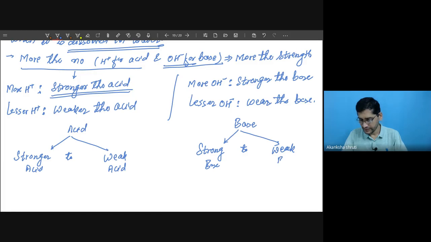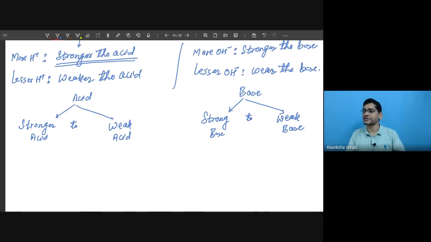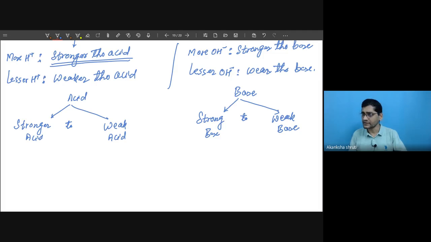Or simply weak base. Students, now to indicate this variation, we need an indicator which can indicate all these characteristics by varying its color. Another, we need such an arrangement or a scale over which these characteristics can be presented.